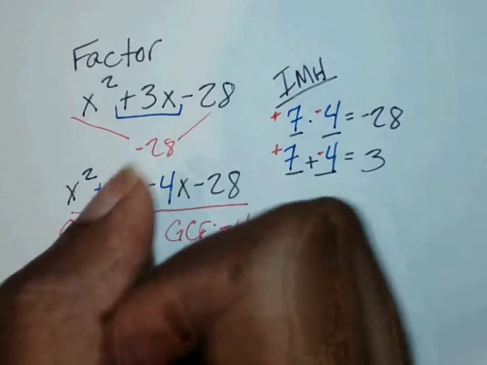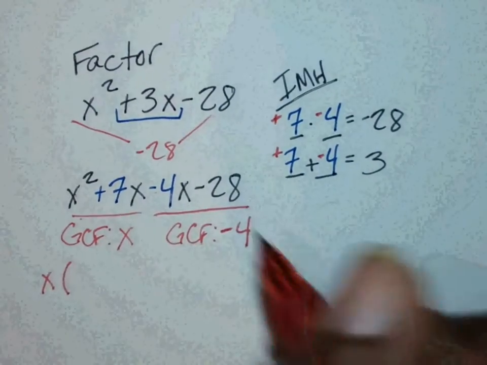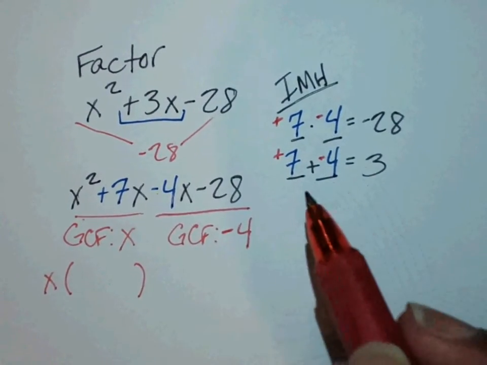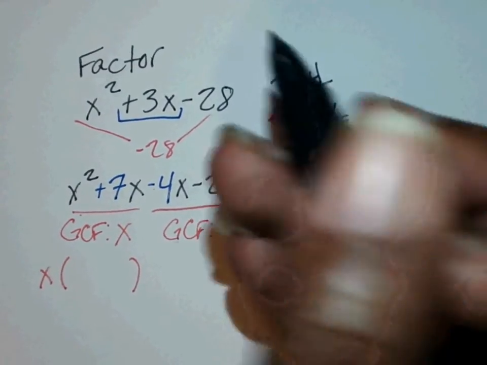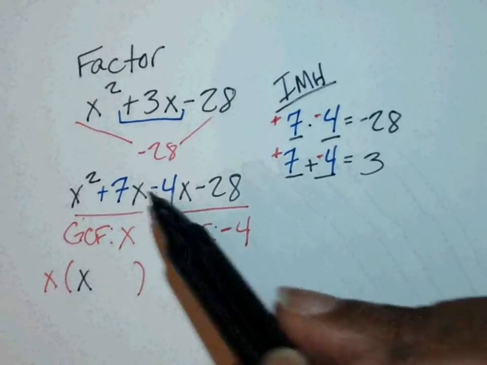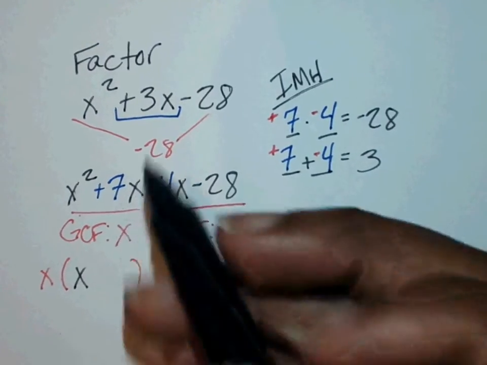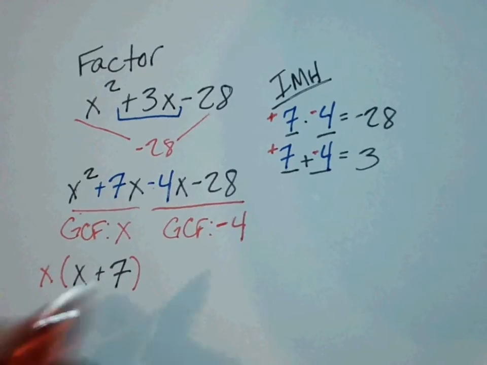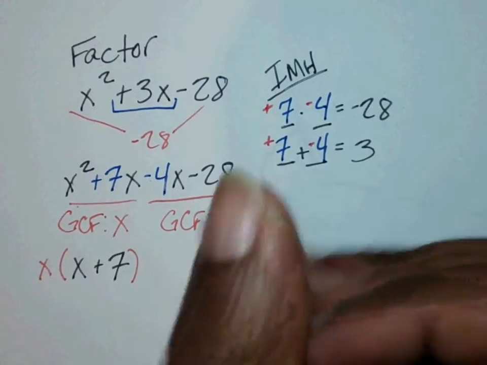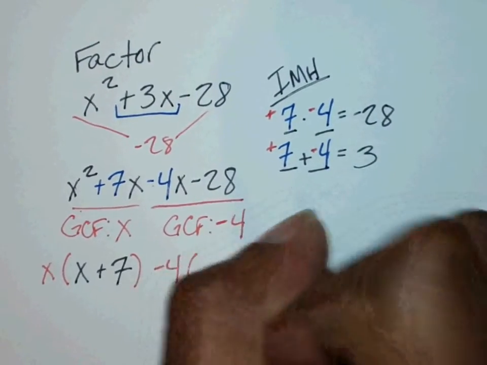Alright, so when I factor out an x out of my first grouping, I had 2 x's and I took out an x, so I'm left with just 1 x. I had a 7x, but I'm taking out that x, so I just have a positive 7. When I'm looking at my second group, I'm going to take out a negative 4.